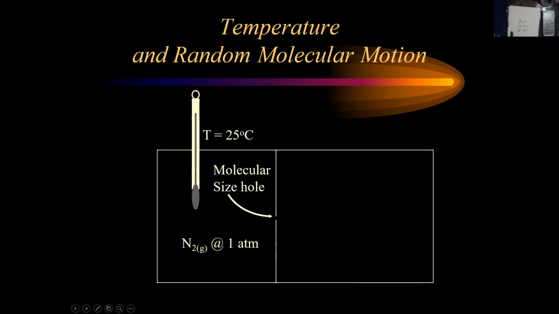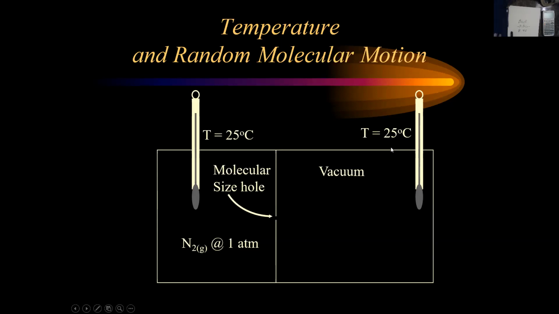On the other side, I've got this chamber separated from this one by a hole that's about the size of a nitrogen molecule. N2 molecules can squeeze through that hole into a vacuum on this side. Now, if you allow this to go, eventually the temperature over here, far away from that hole, will read 25 degrees.